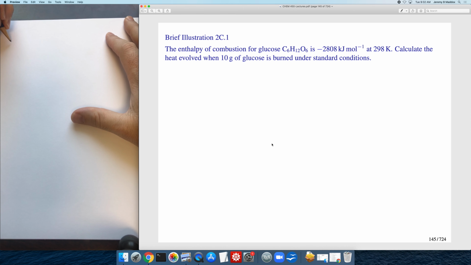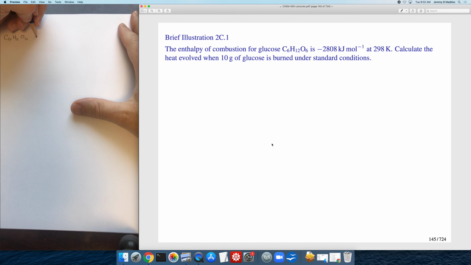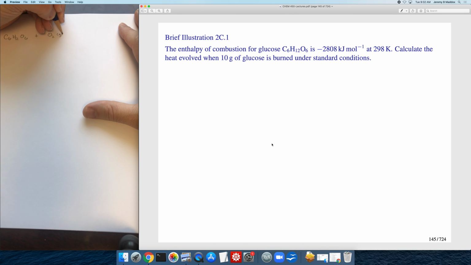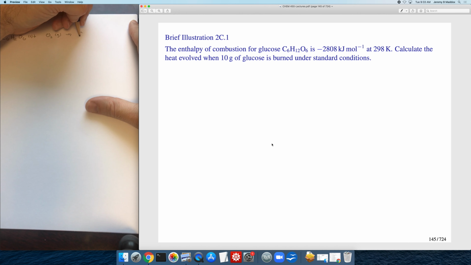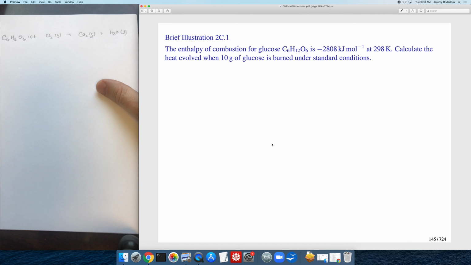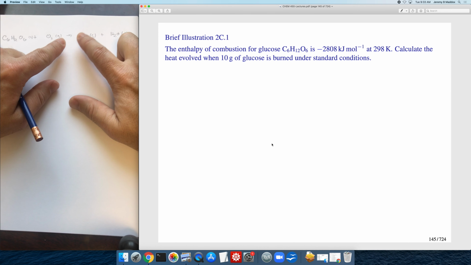So we'll take glucose, and what we want to do is set up the combustion reaction and balance it. So we'll have oxygen, so this should be a gas. Oxygen, and then the products are CO2 gas and H2O liquid. 1 mole of the compound being burned, and we need to modify these coefficients.